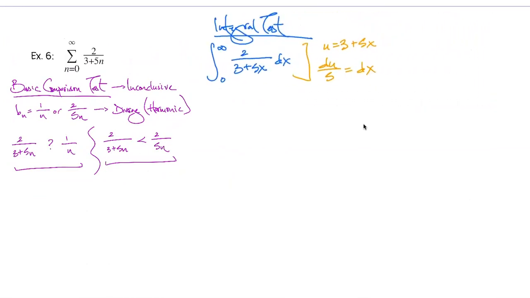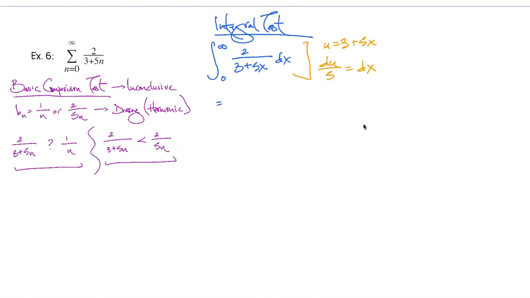Now, let's go back to this integral test and see what we get. If we do that, we get the limit as t approaches infinity of the integral from 0 to t of 2/3 plus 5x dx.